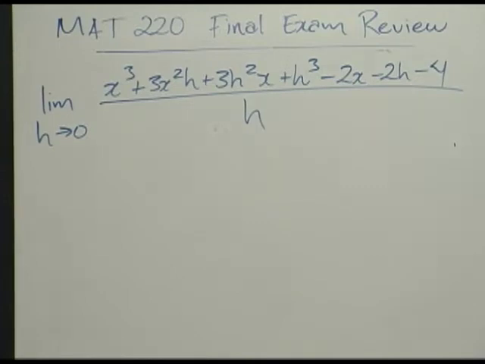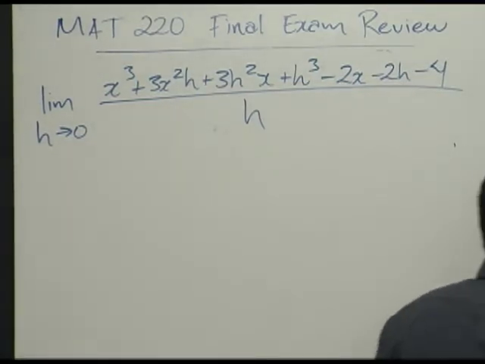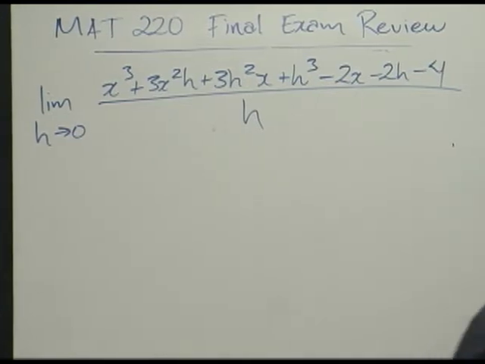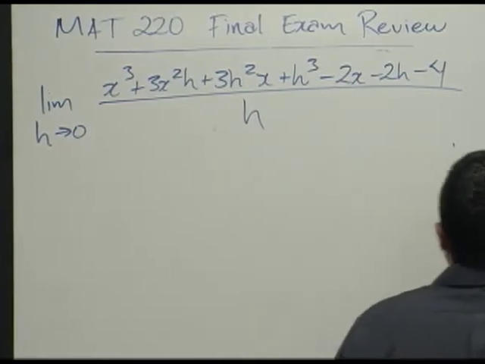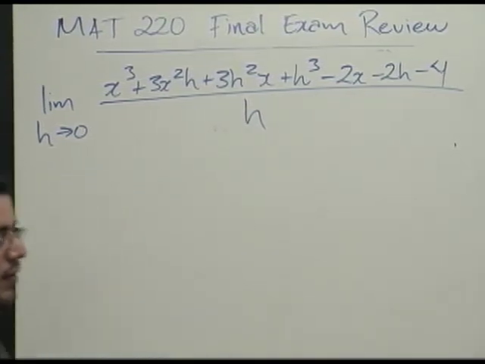All right, any questions? How do we get rid of the h over here? No, I didn't. I just didn't have enough space to write it all out. So I moved over here. So let me go ahead and erase this. Okay, so that's what we have, and I just moved it over.